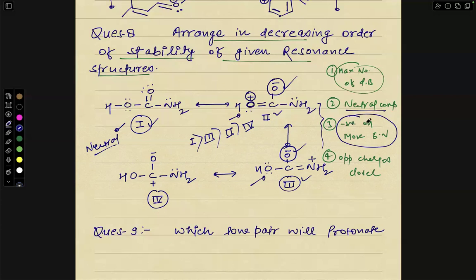Negative charge on the more electronegative atom is stable, but positive charge on the more electronegative atom would be highly unstable. That's why the second would be less stable. Whenever you don't have a double bond, that would be the least.